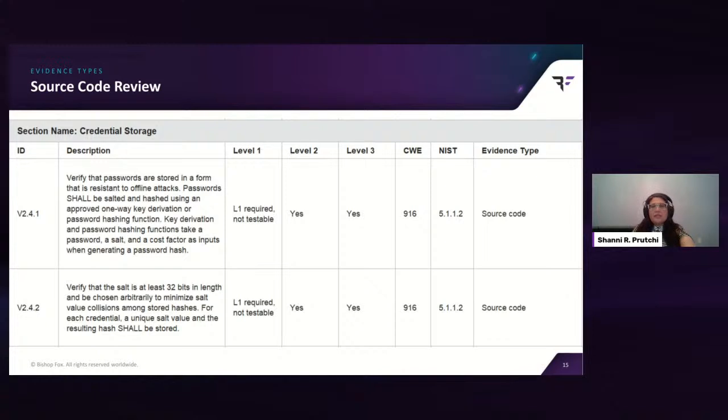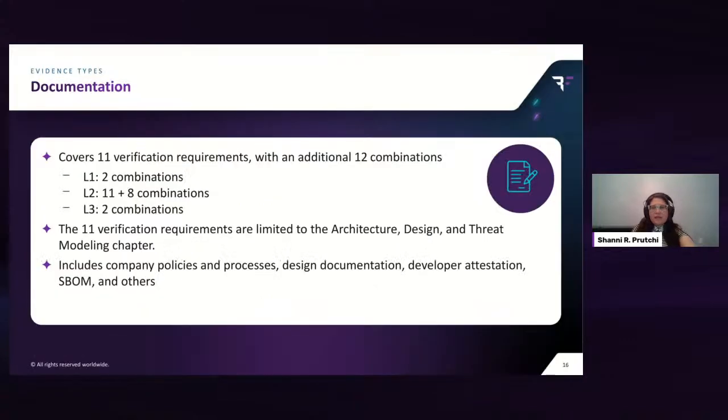These are security controls that need to be included in applications, which is the definition of L1, but it's something that you can't really test with pen testing, which is why it is L1 required but not testable. Our third type of evidence is documentation.